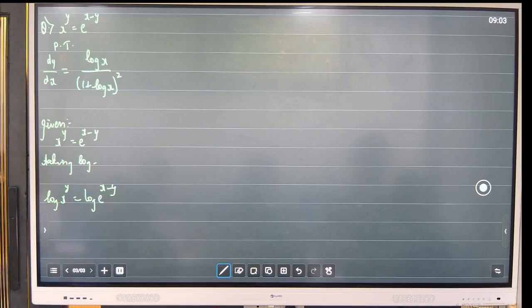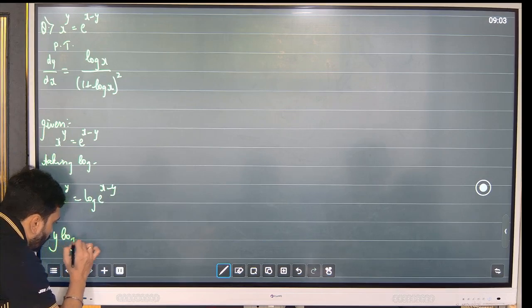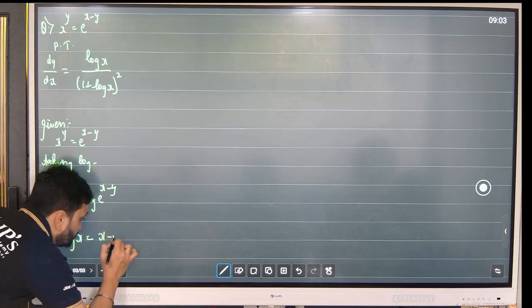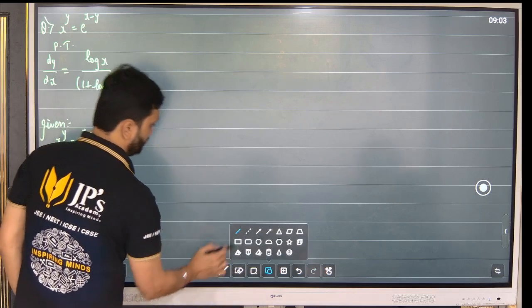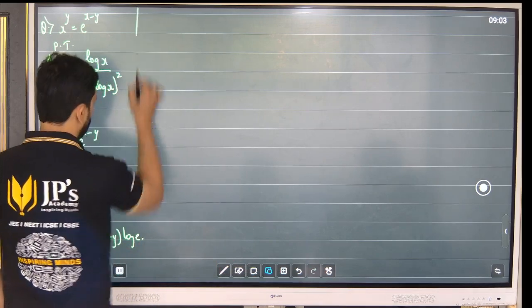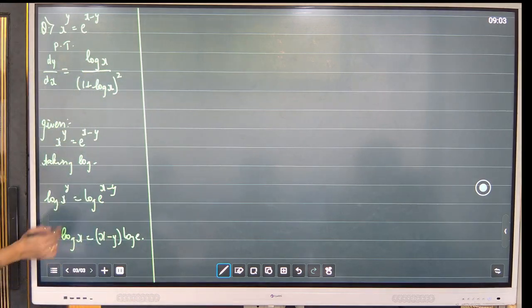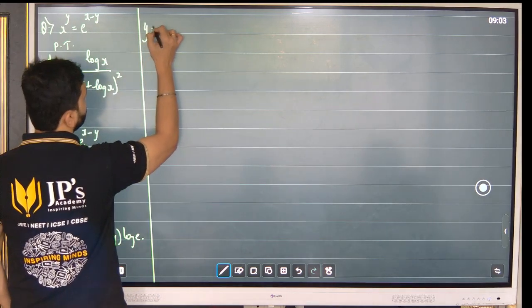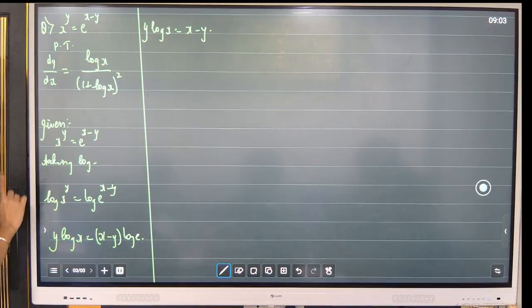The power becomes the coefficient of the log. So this will become y log x is equal to x minus y log e. We know that the value of log e is 1. So this will become y log x is equal to x minus y. Now listen carefully.